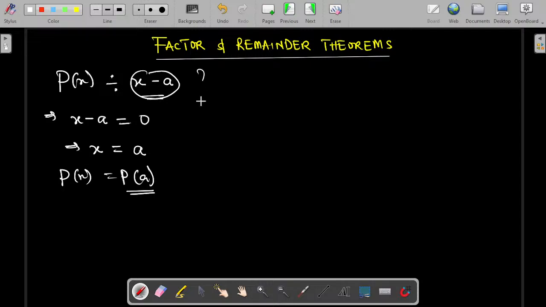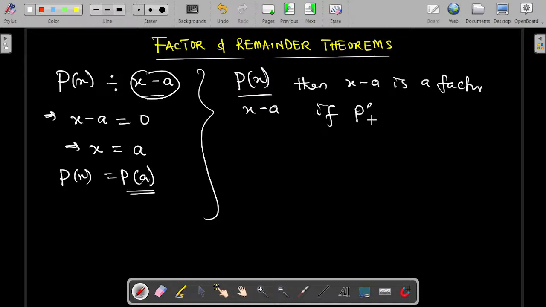So it simply says that if you divide p of x by x minus a, and p of a is equal to 0, this is your factor theorem.